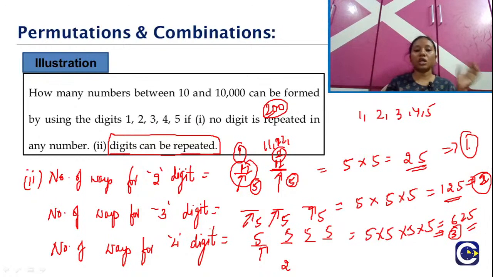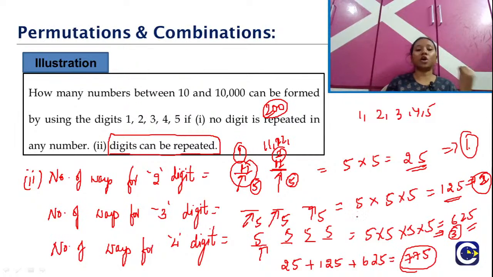So now the total number of ways for this question, when the digits can be repeated, will be 25 plus 125 plus 625, which is equal to 775. So the total number of outcomes when digits can be repeated is 775 ways.